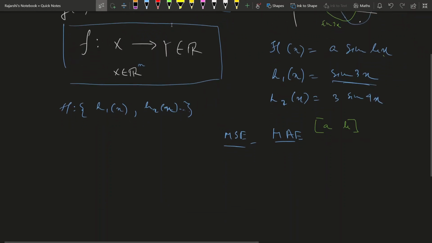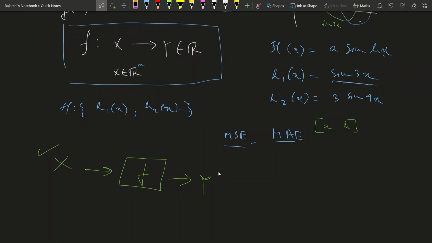So basically, f is a black box. X is given as an input, and you get the corresponding result. So you have x and y. You have to figure out this f. So we first guess the function. We call it g of x.